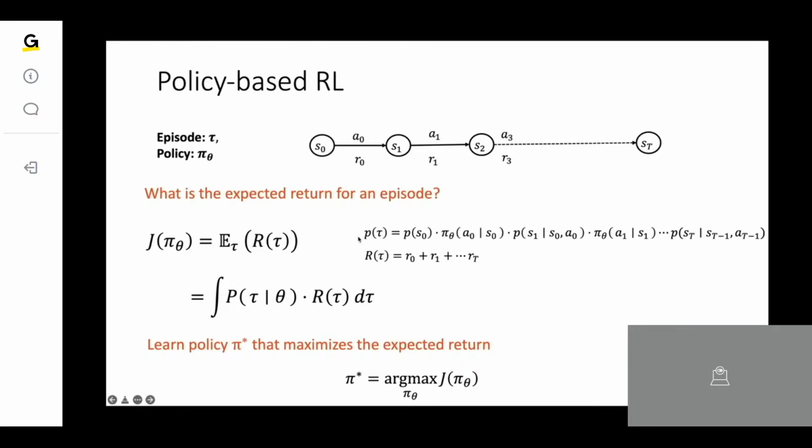Let's take a look at the terms involved here. This expectation, we can break it down into two terms: the quantity and the probability of that. This term might look daunting, but it's a very simple explanation. You start at S0, and then you take an action which is given by the policy, and then you have a state transition, which is given by the environment.